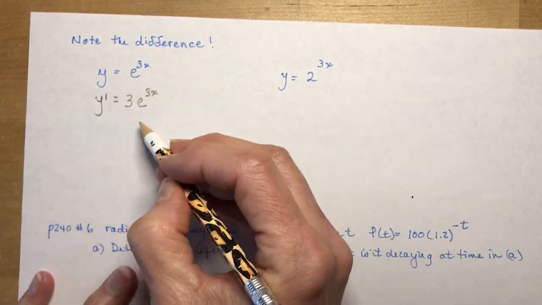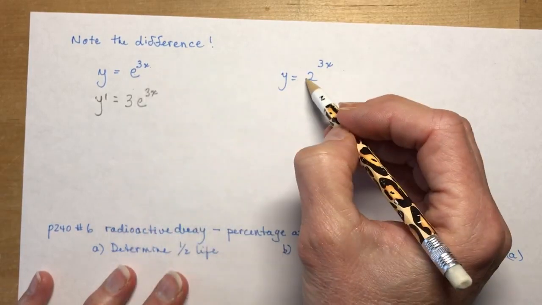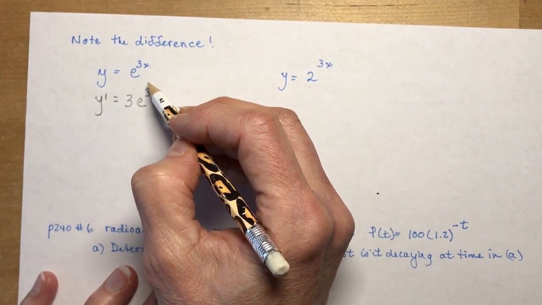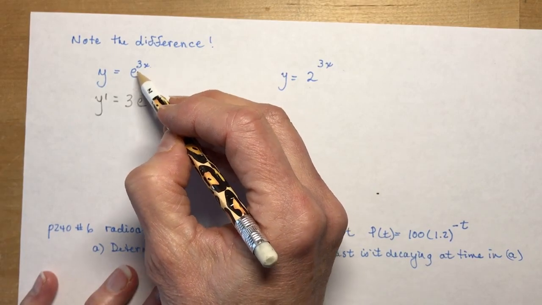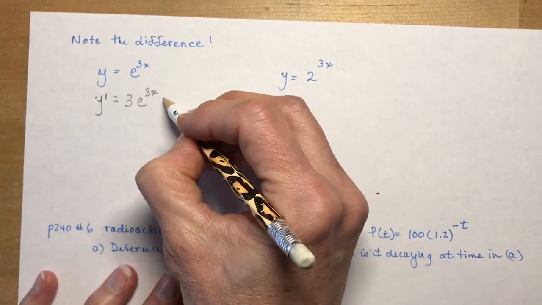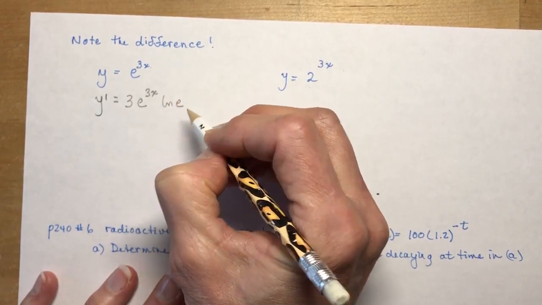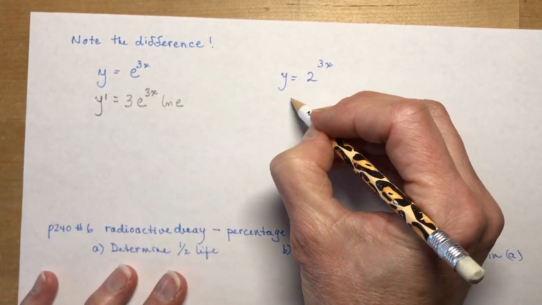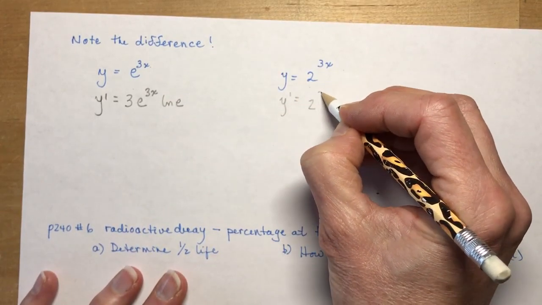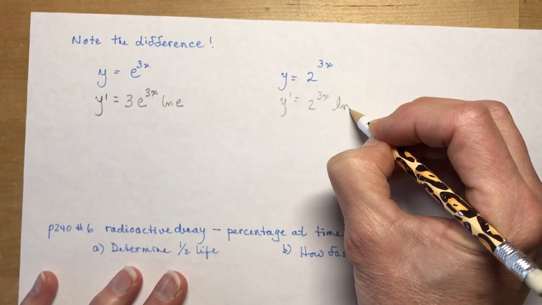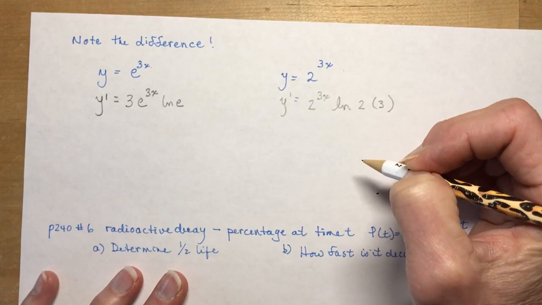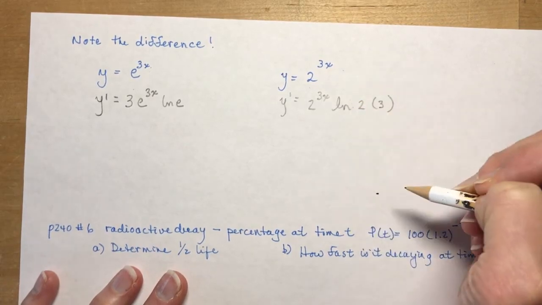Now, if you did the same thing as b to the x, you would have said e to the 3x ln e times 3, and the ln of e, which, I mean, you could do that way. Let me just show you again back over here. So I would have 2 to the 3x ln 2 times 3. So this is my constant of proportionality.